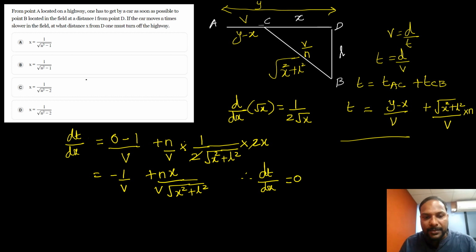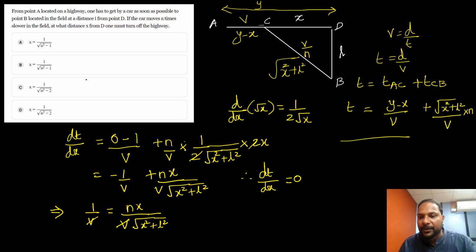So I take minus 1 by v to the left hand side, so it becomes 1 by v equal to n x by v into square root of x square plus l square. So v and v will cancel out. Now it's a cross multiplication, therefore the square root of x square plus l square should be equal to n x.